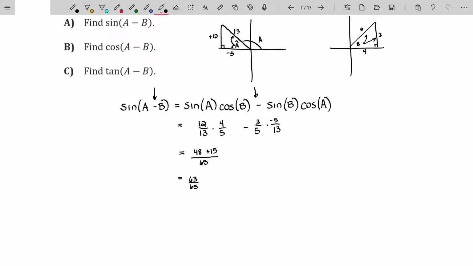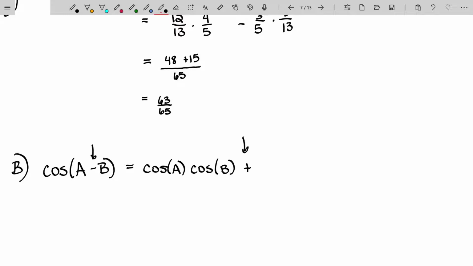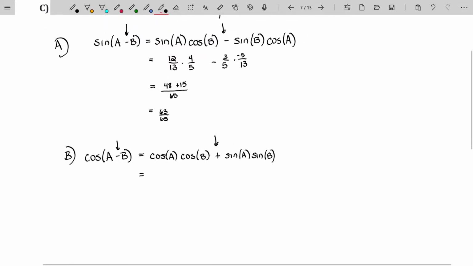Now again, that was part A. Part B is asking for cosine of the angle A minus the angle B. And again, sum and difference formulas. That would be cosine of A, cosine of B, plus, again, cosine doesn't like its sign, so it's going to switch it, sine of A, sine of B. And again, I just go to my triangles.